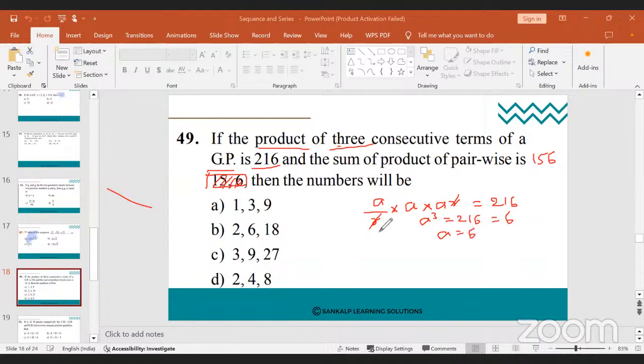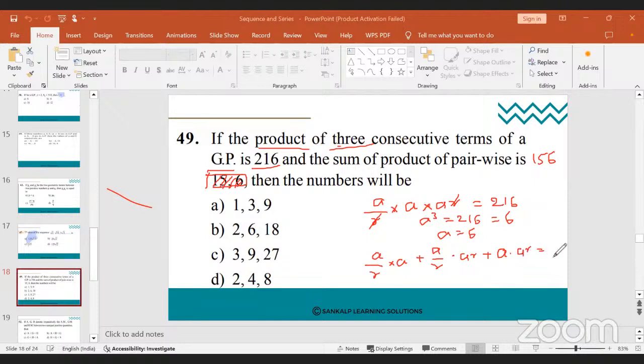Now the next one: the sum of the product of pairwise. It is given as 156. Pairwise means A upon R into A, this is the first pair. The second pair is A upon R into AR. What is the third pair? A into AR.